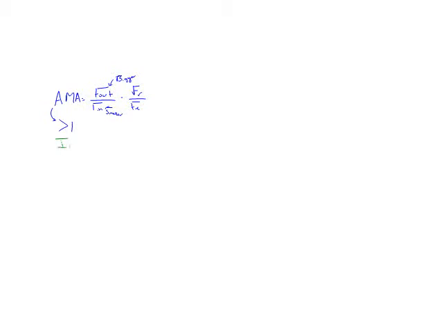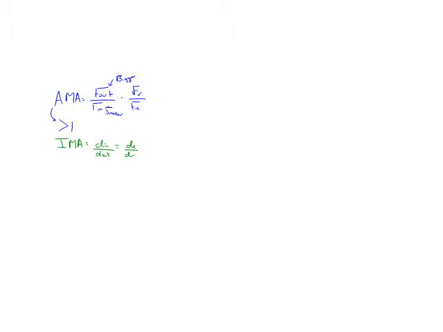So, ideal mechanical advantage is going to be the distance in over the distance out, which is d_in over d_out. Notice that in AMA, out is on top, and in IMA, in is on top.